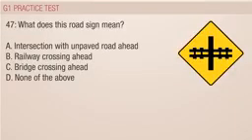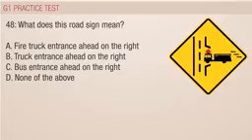Question 47. What does this road sign mean? A. Intersection with unpaved road ahead. B. Railway crossing ahead. C. Bridge crossing ahead. D. None of the above. Answer B. This is a sign indicating that a railway crossing is ahead. Question 48.